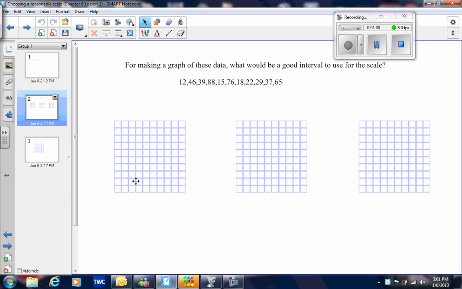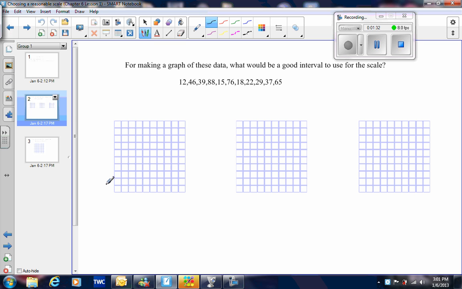So I'm just going to set up a scale for them a couple different ways. If we're going to have a scale up here on the side, we have to make sure that we can graph all of these data. So I'm going to exaggerate a little bit here.